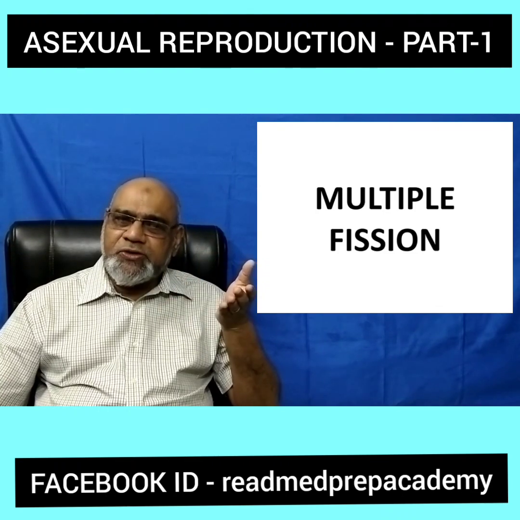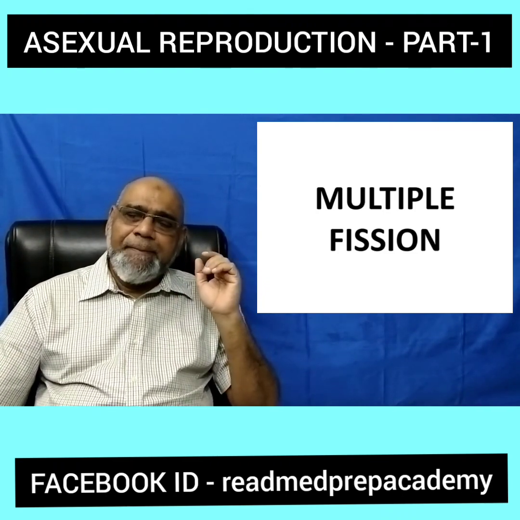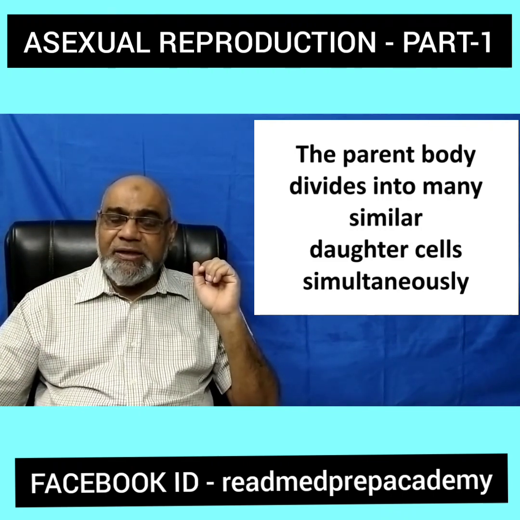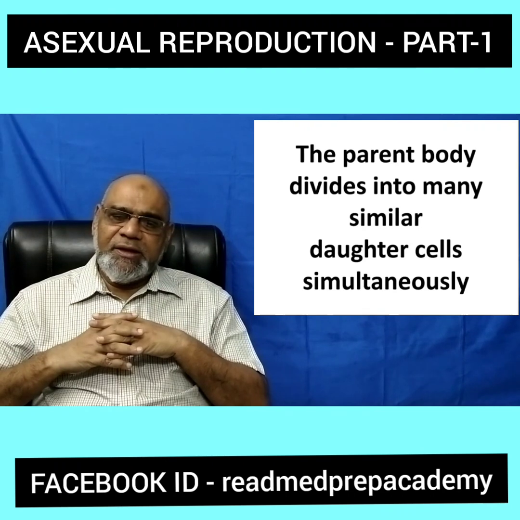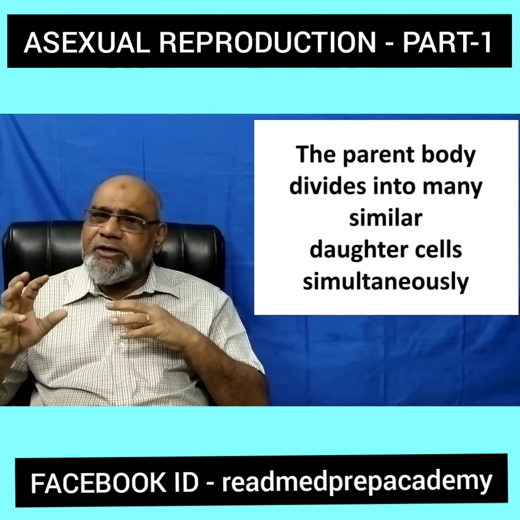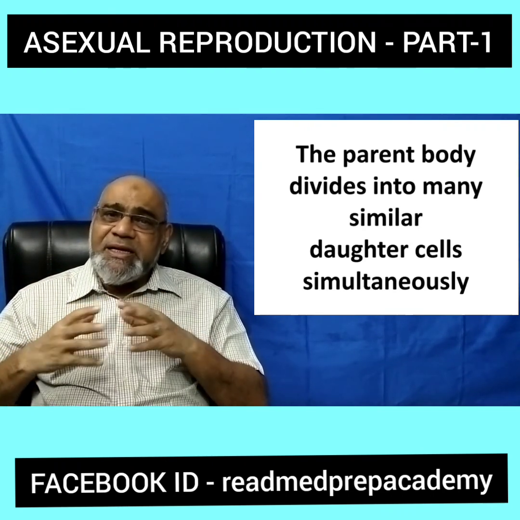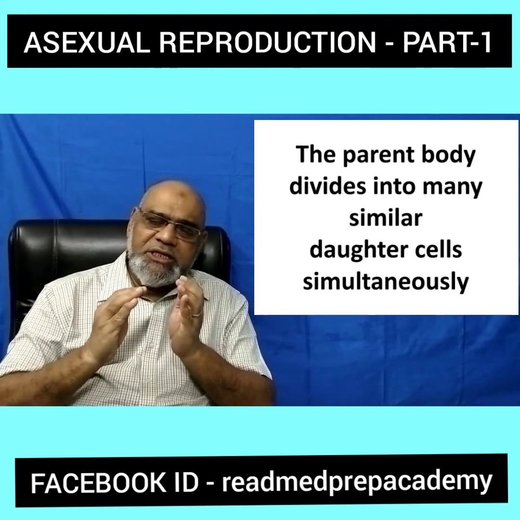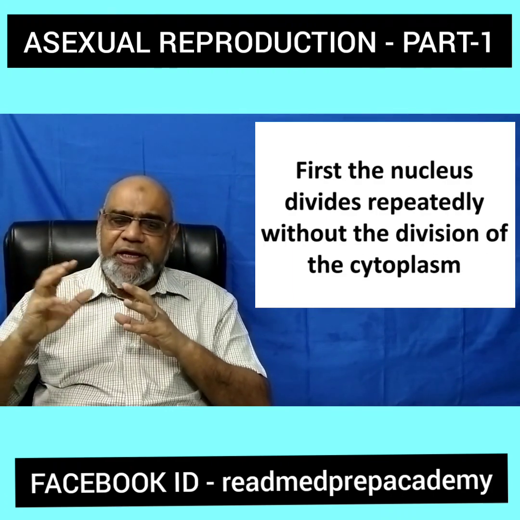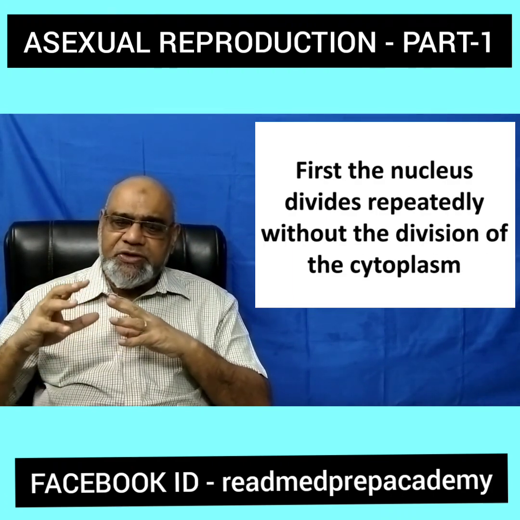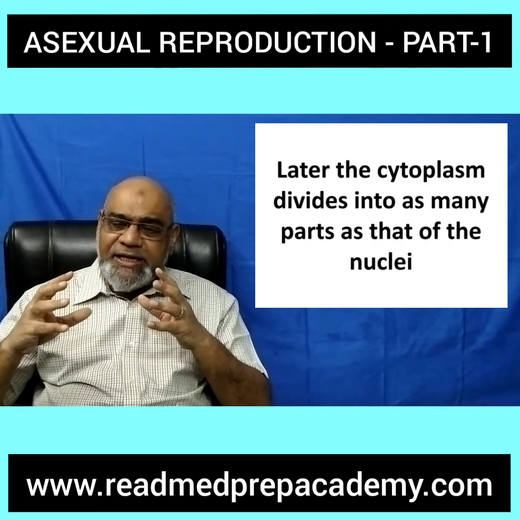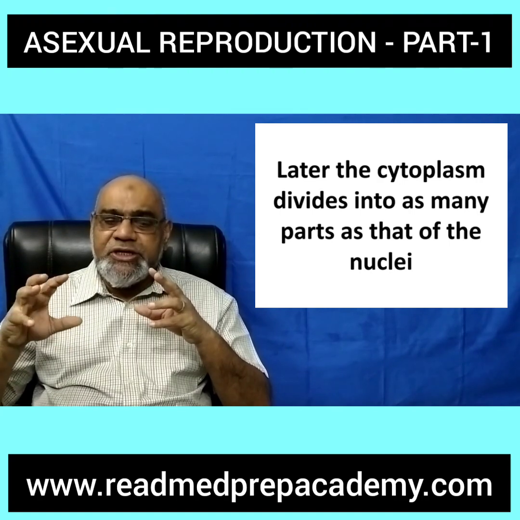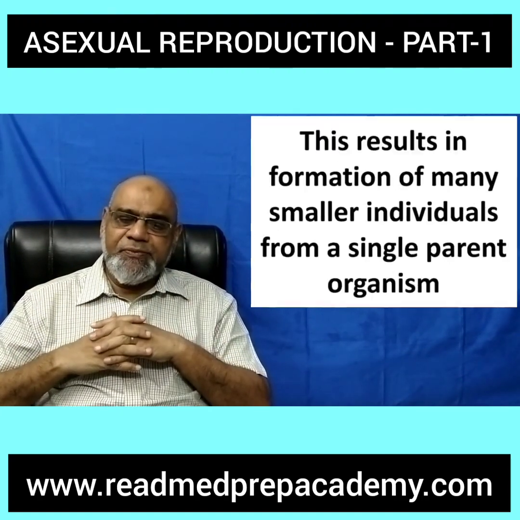Then let us move on to multiple fission. Multiple fission is seen in Vorticella, where the parent body divides into smaller daughter cells simultaneously at the same time. Initially, the nucleus divides into smaller nuclei without the division of the cytoplasm, and later the cytoplasm accumulates around the nucleus and forms a new individual.